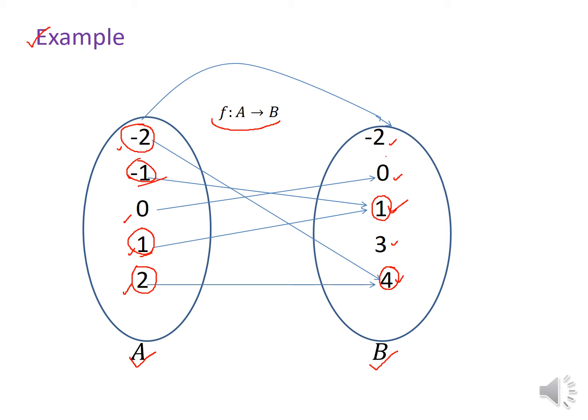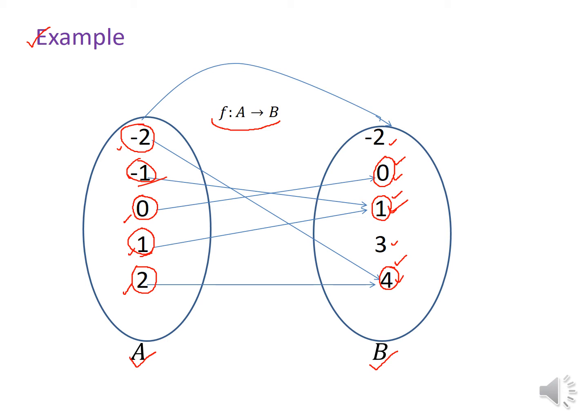Similarly, 0 is the image of this 0. So the range of this function will be the set consisting of the elements 0, 1 and 4 only, as 0, 1 and 4 are assigned to at least one element in A.